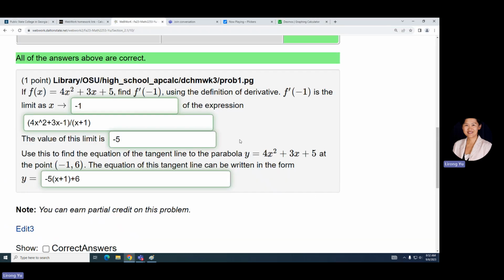So this one does have a slight change to the definition. It says that f prime of -1 is the limit as x approaches -1 of the expression: f of x minus f of -1, over x minus -1.